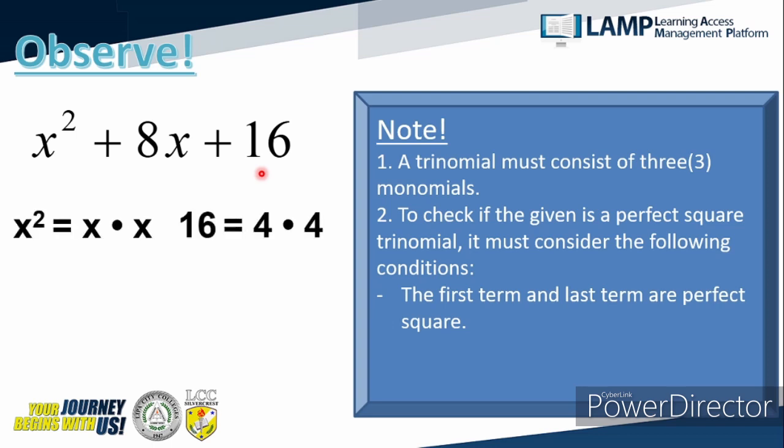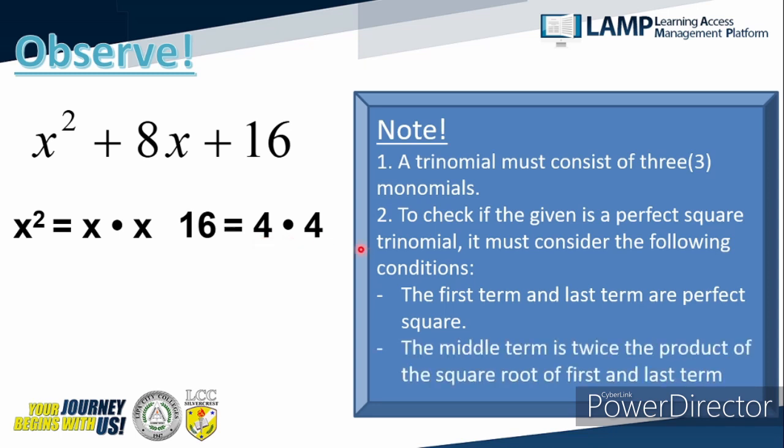Therefore, x squared is equal to x times x, and 16 is equal to 4 times 4. Then after, the middle term must be twice the product of the square root of the first term and the last term. That means 2 times the square root of the first term times the square root of the last term.